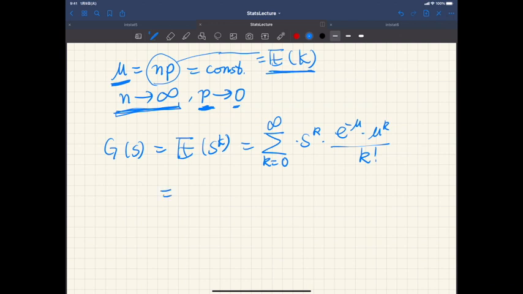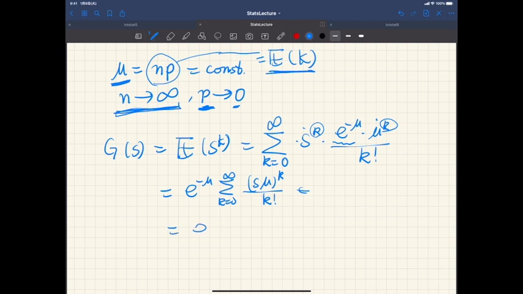If you calculate this, this is constant, so you can put this out. And we can put s and mu together because they have the same power. (s mu)^k over k factorial. But this is just the Taylor series of the exponential function, right?